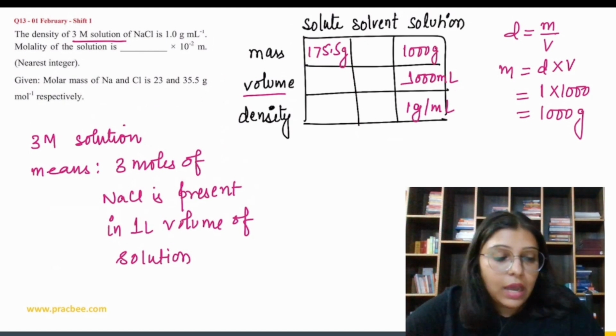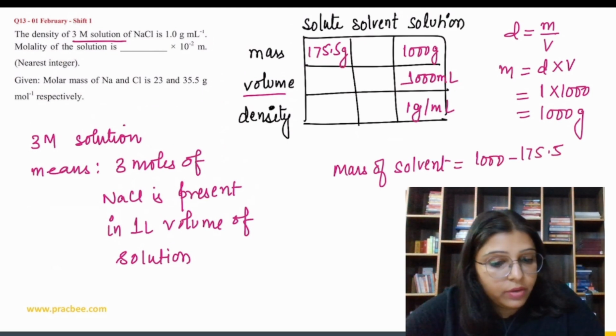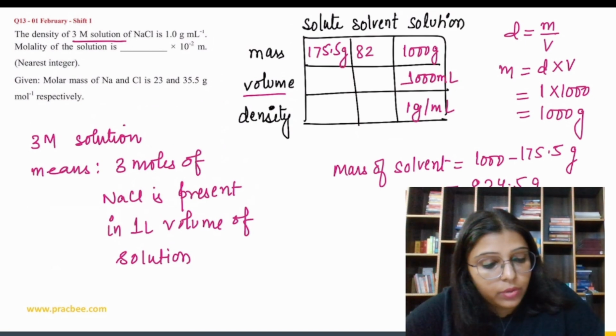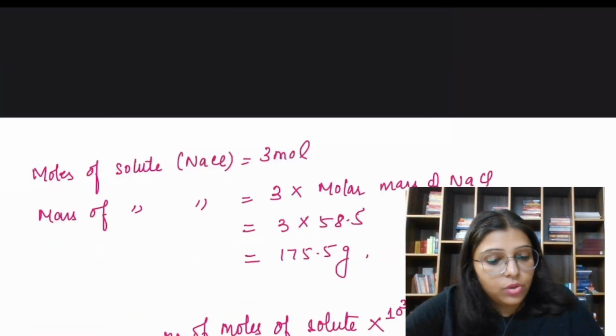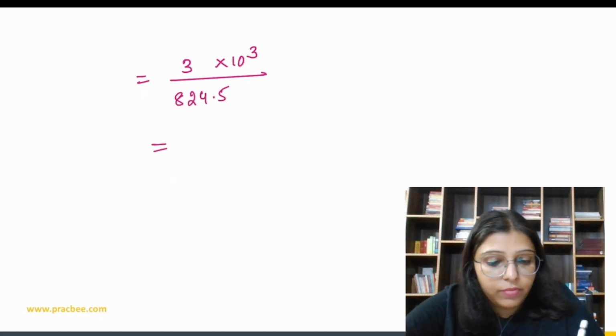Now the mass of solvent is going to be 1000 minus 175.5 gram. On solving, you get 824.5 gram. So we just have to put the values.